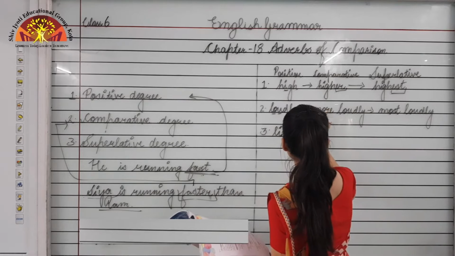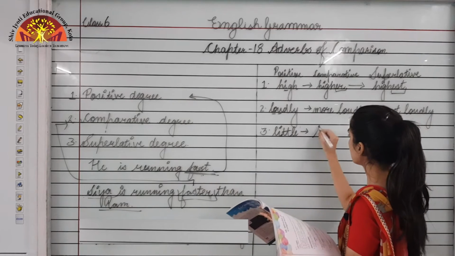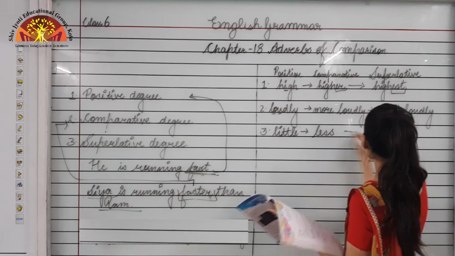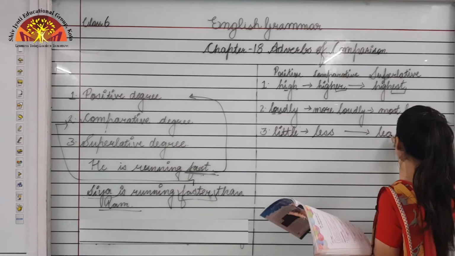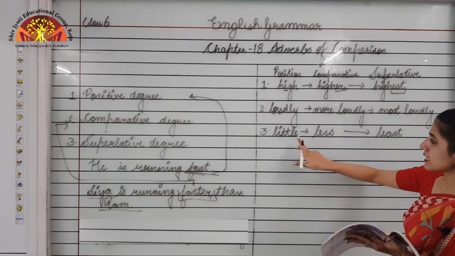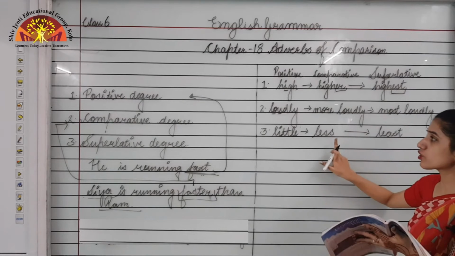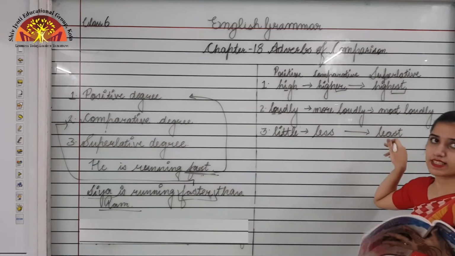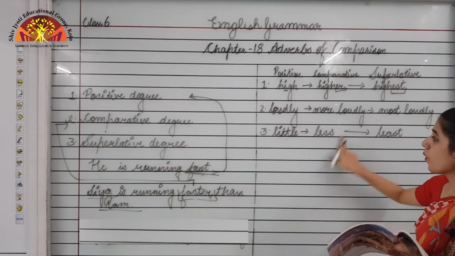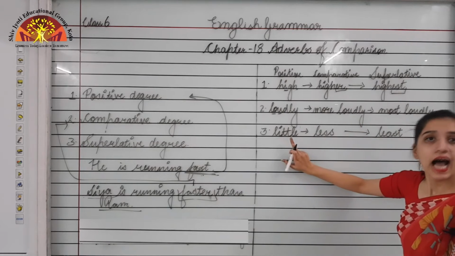What is the comparative degree of little? It is less, and the superlative degree is least. Here you can see that I have changed the whole word. I have not just added er or est at the end, because little is an irregular adverb.